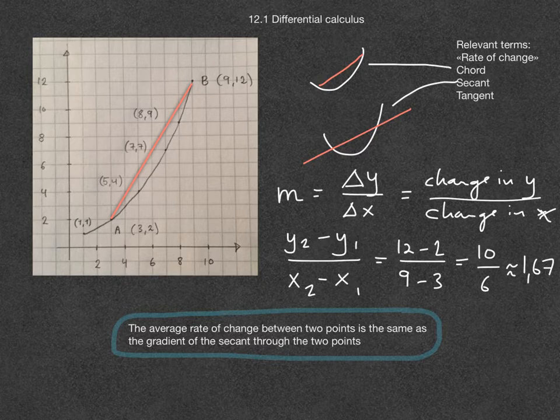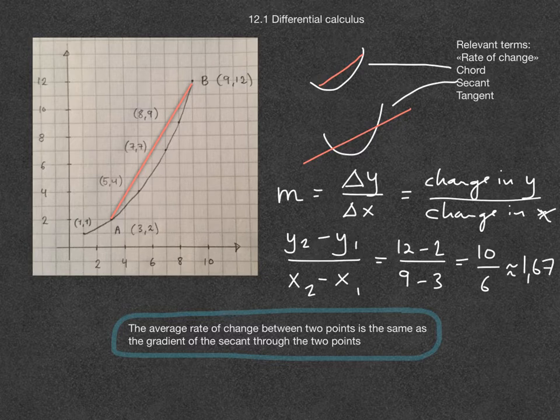If we find the gradient of that, we find the average rate of change between the points, right? Now, we are familiar with gradients of straight lines. In Norwegian, we call this stigningstall. It tells us the rate of change.